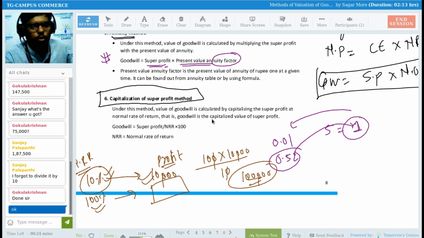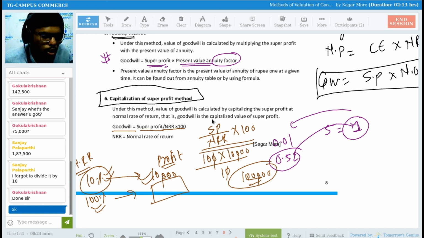The formula is: goodwill is equal to super profit divided by normal rate of return multiplied by 100. This is the formula for calculation of goodwill under the capitalization of super profit method.